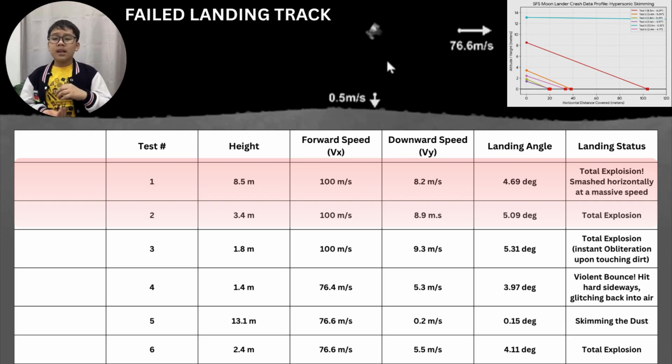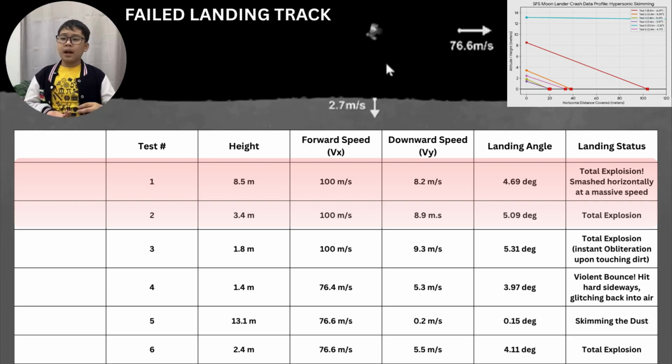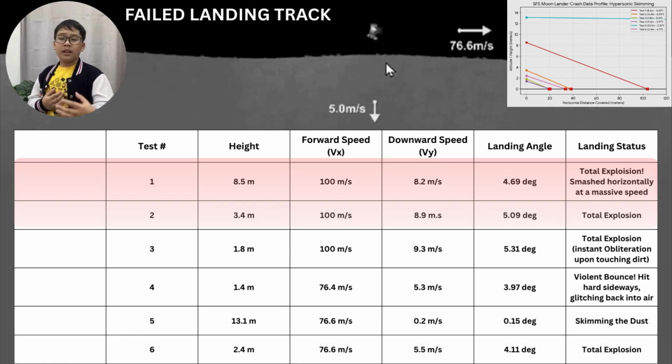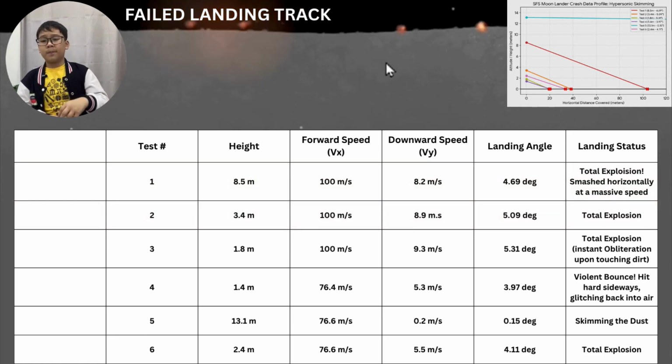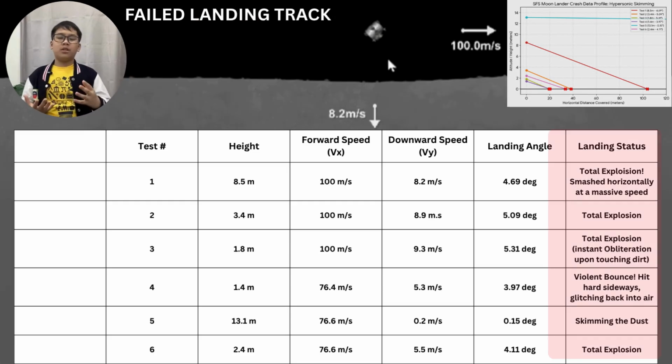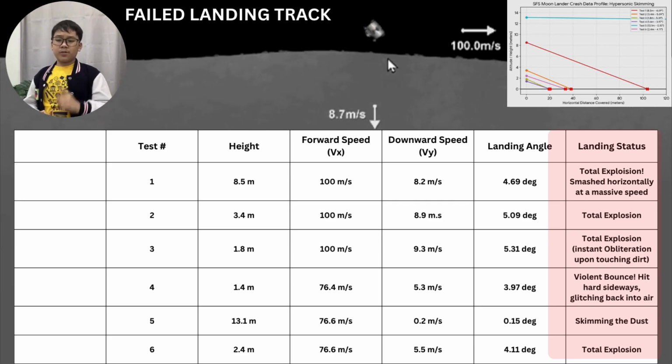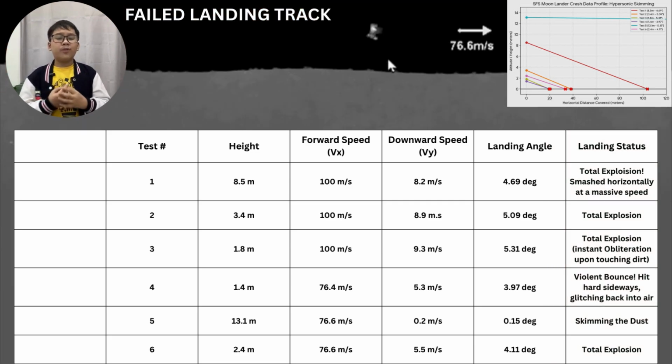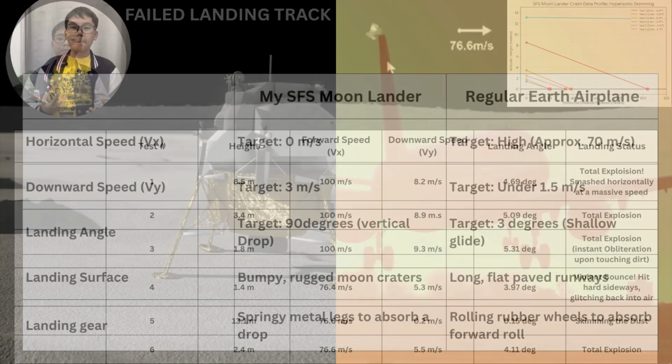This proved to us that you must burn your engines backward to stop the forward slide before you get close to the ground. Every single one resulted in an explosion. This math proves that every vector direction contributes to the final impact energy.